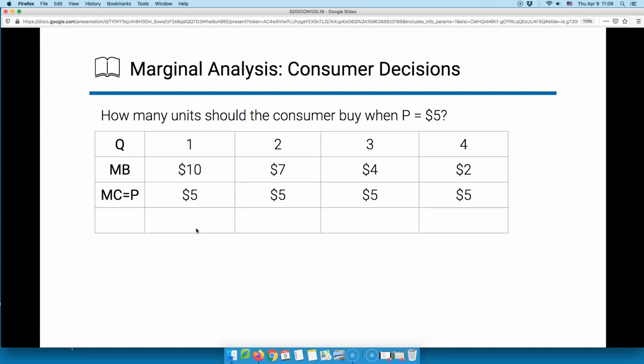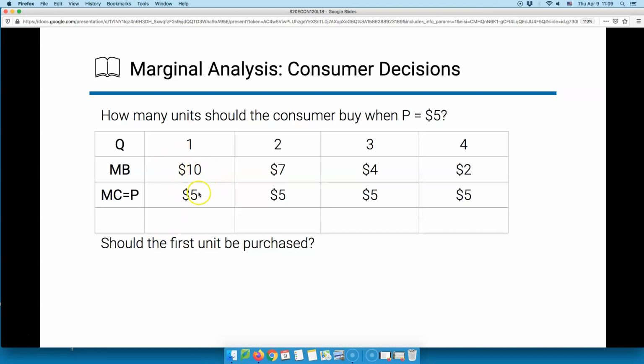So when a consumer decides how many units to purchase, we can break that decision up into several steps. And the first step being, should the consumer buy the first unit? Should the first unit be purchased? And to answer that question, we need to compare the marginal benefit of that first unit, that is $10, to its marginal cost, 5.